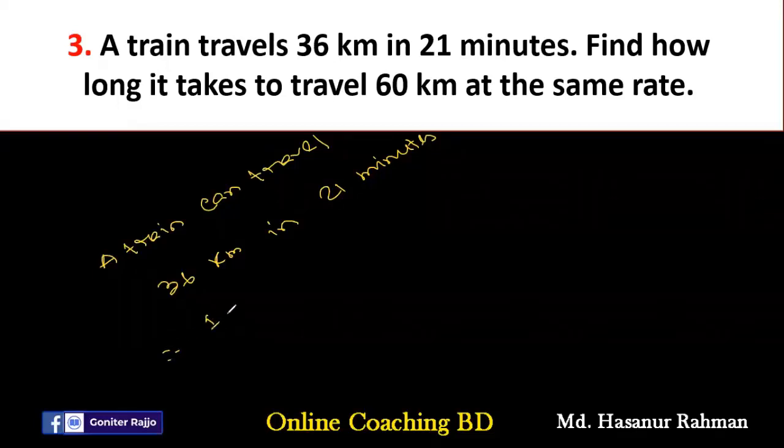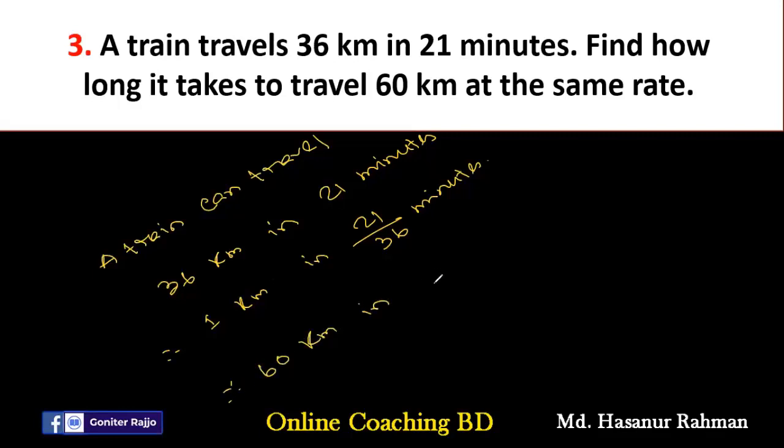Therefore, 1 kilometer in 21 by 36 minutes. Then we have to find out how long it takes to travel 60 kilometers. So 60 kilometers in 21 multiplied by 60 divided by 36 minutes.